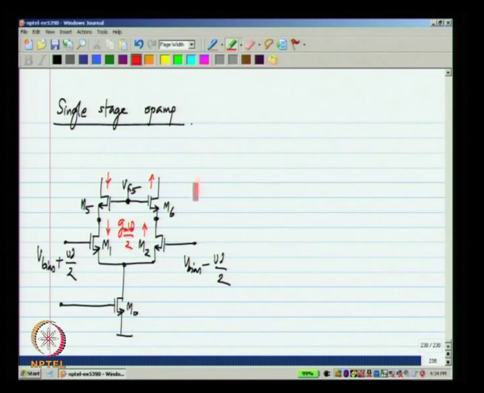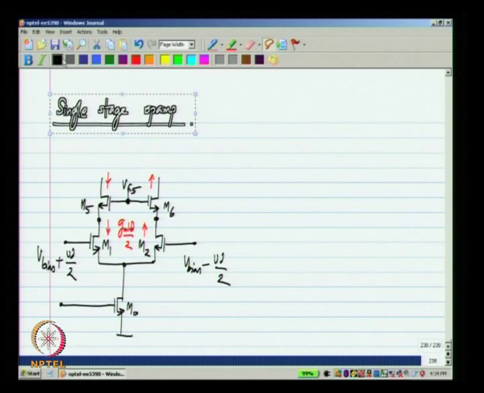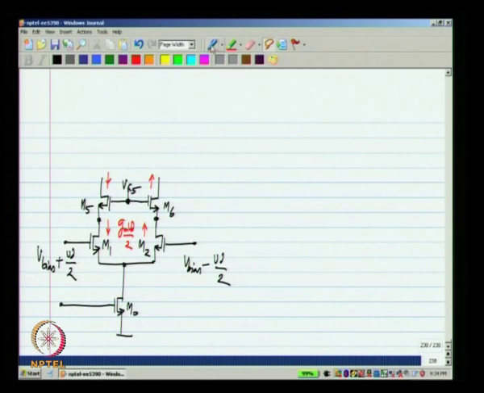The only difference will be that the resistance looking into the drains of M5 and M6 would be much more than what would be looking into the drains of M1 and M2. So, this is also a differential transconductor which gives an incremental current of Gm Vd by 2, but with a much higher output resistance.